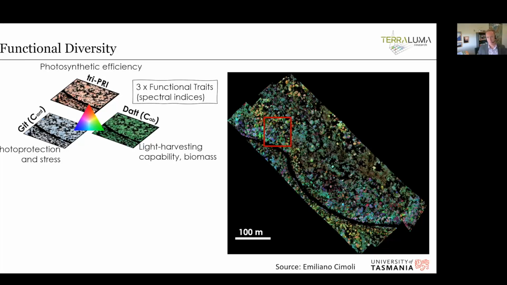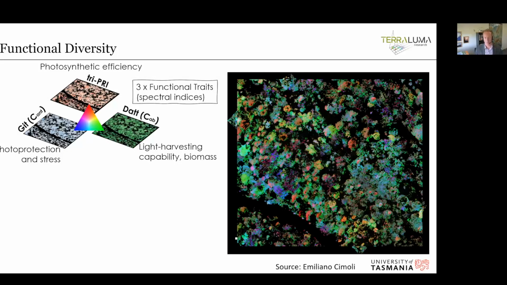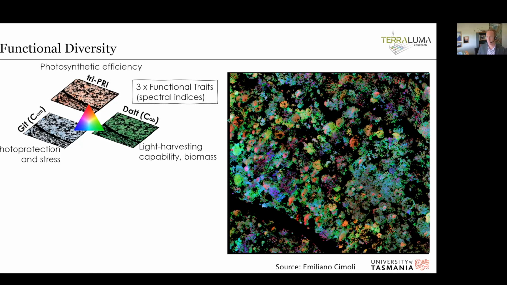The amazing thing about this is that we can really start to look at these spectrally derived traits in a lot of detail. And that gives us new insights into the variability of some of these traits at a really fine scale.